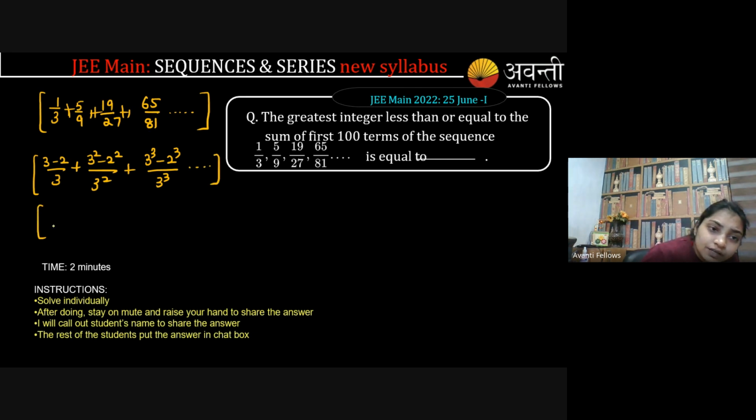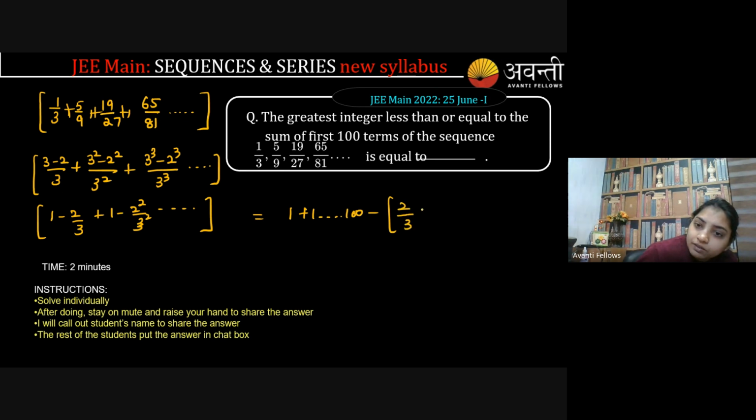When you see, you will get 1 minus 2 by 3 plus 1 minus 2 square by 3 square and so on. It means 1 plus 1 up to 100 times, minus 2 by 3 plus 2 square by 3 square and so on, right or not?